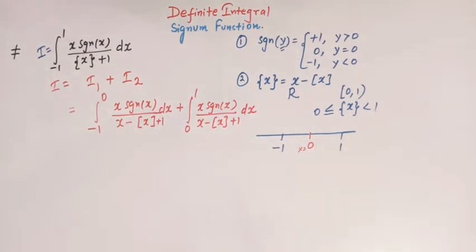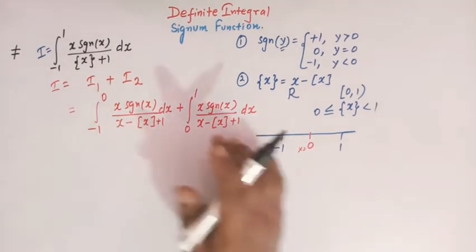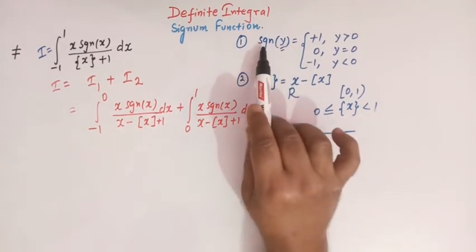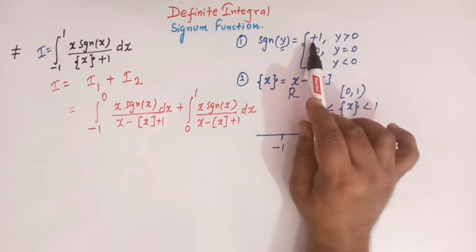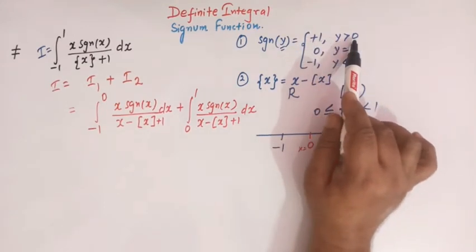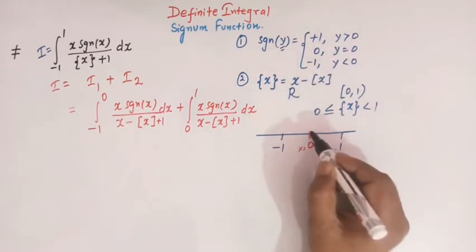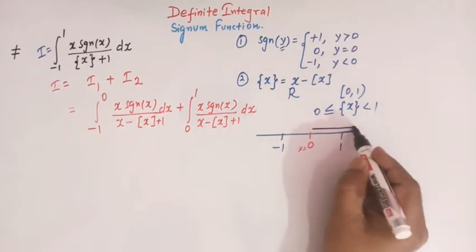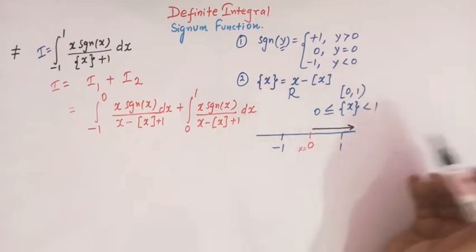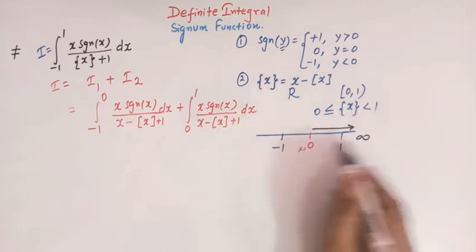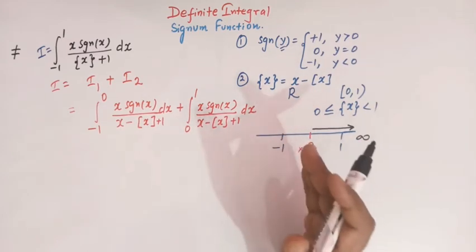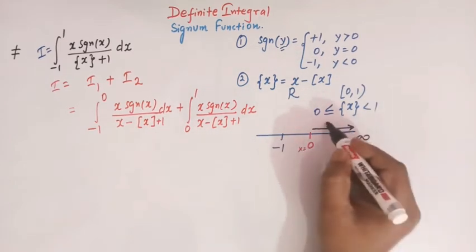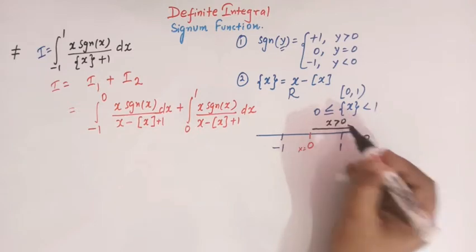Okay. Now let us once again go back to the definition of the signum function. Signum of y will take the value +1 whenever y is greater than 0. If we take this part of the number line, from 0 to infinity, all the points which lie towards the right of x equal to 0 are greater than 0.